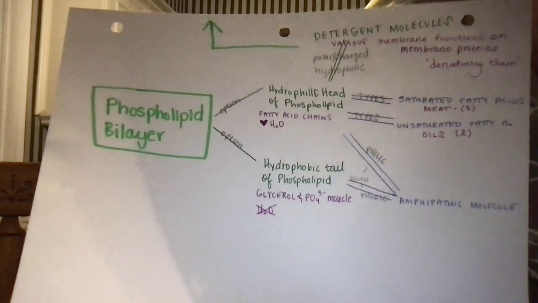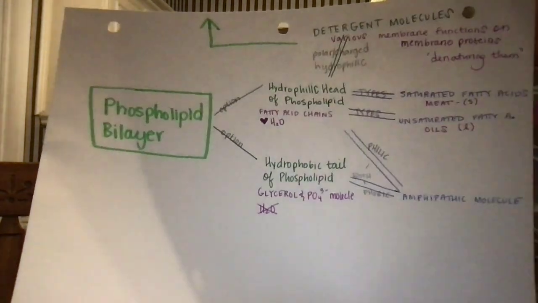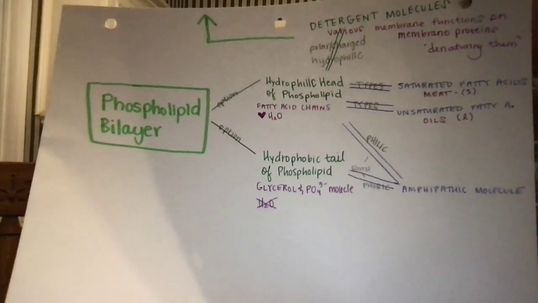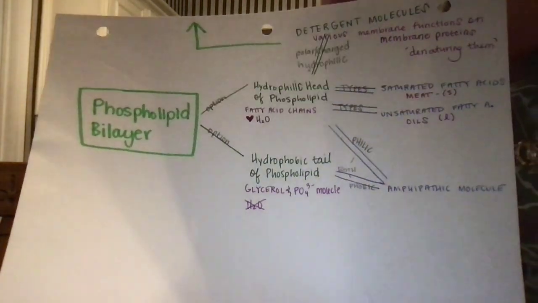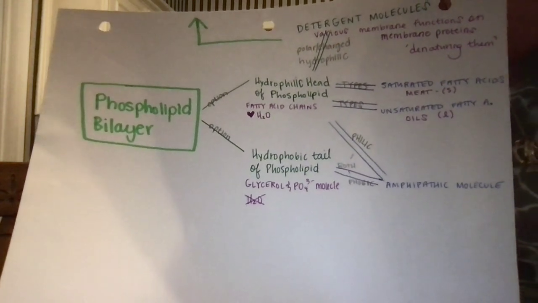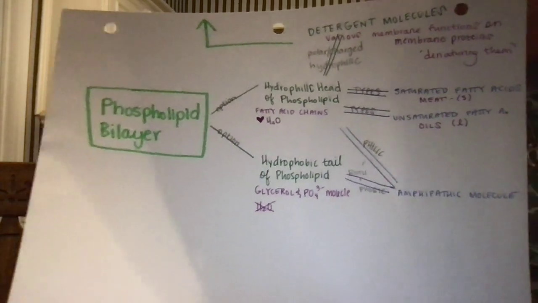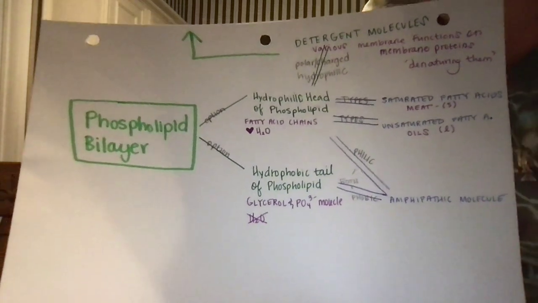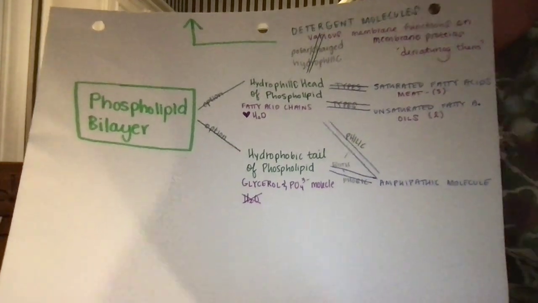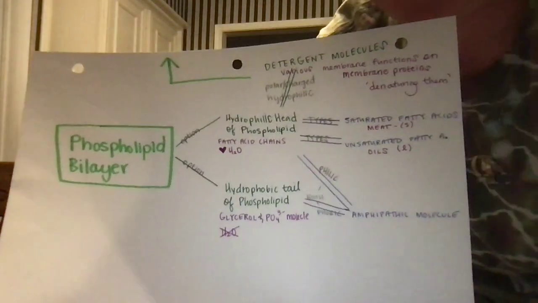The hydrophilic head, of course, loves water, as opposed to the tail, which is a water hater. The hydrophobic tail of the phospholipid is composed of glycerol and phosphate molecules. The hydrophilic head of a phospholipid is made up of fatty acid chains.